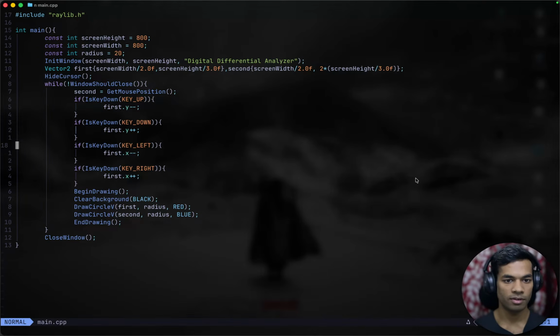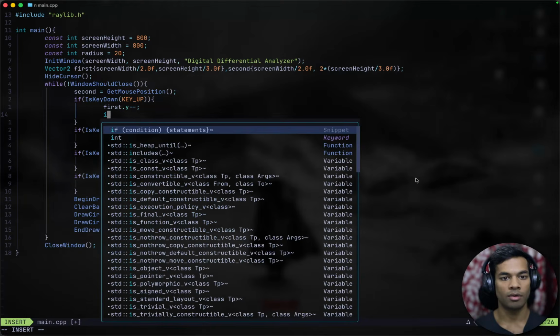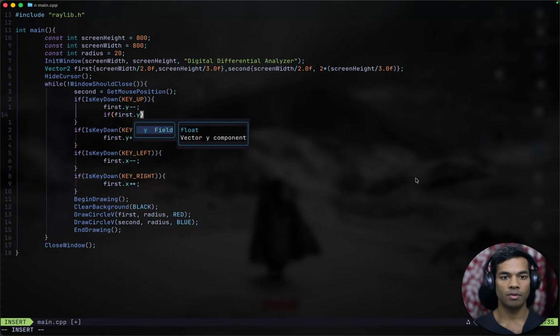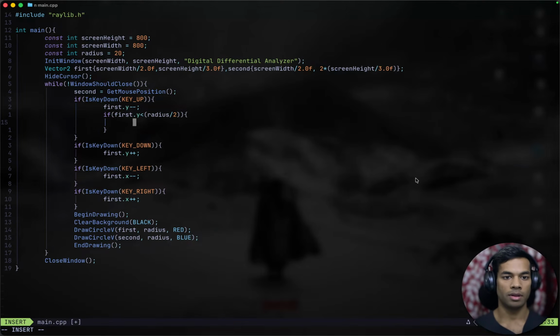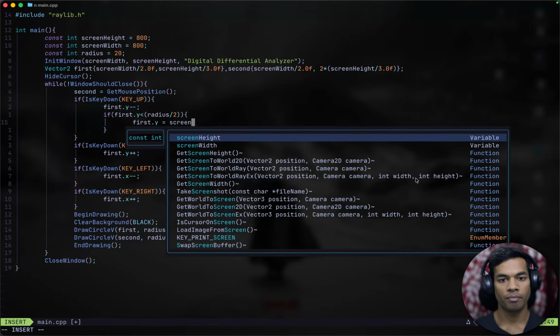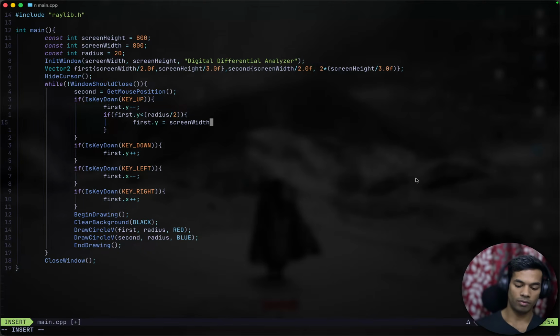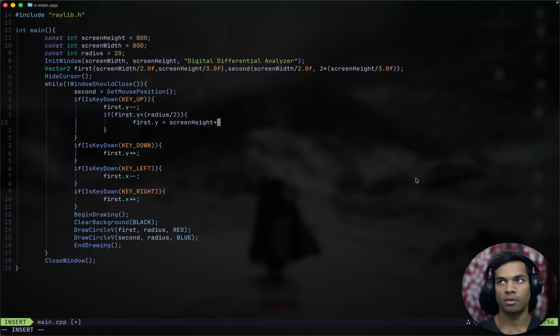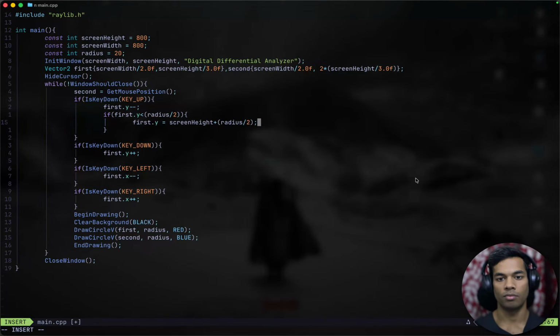So we will fix this, and after this, if first dot y is smaller than negative radius by 2, then first dot y equals screen height plus radius by 2.